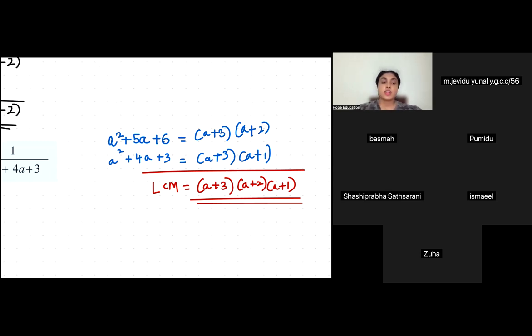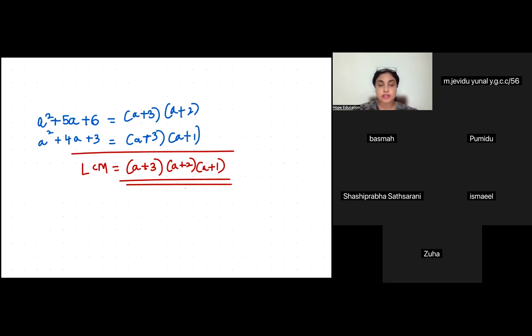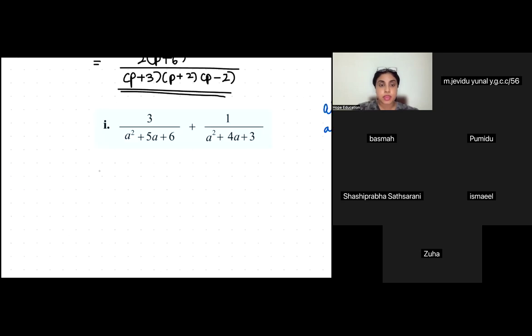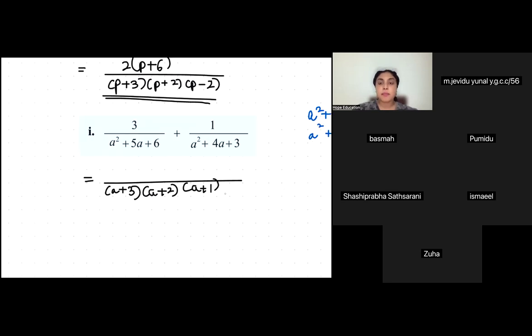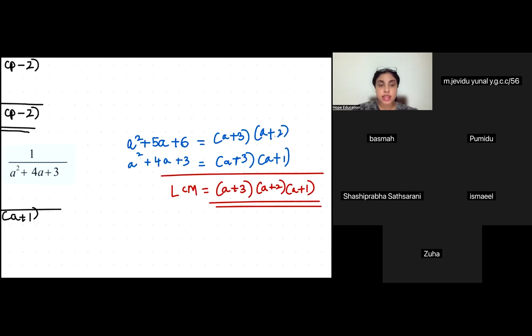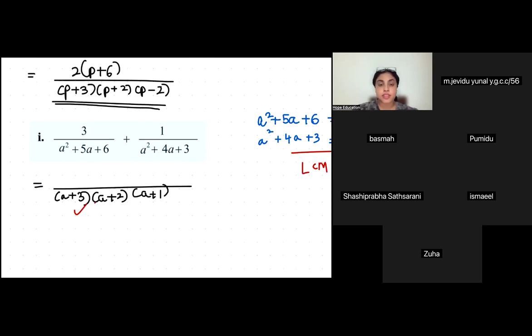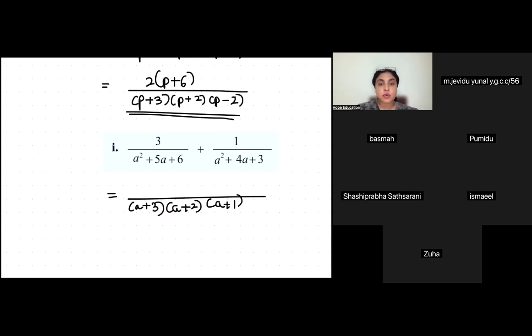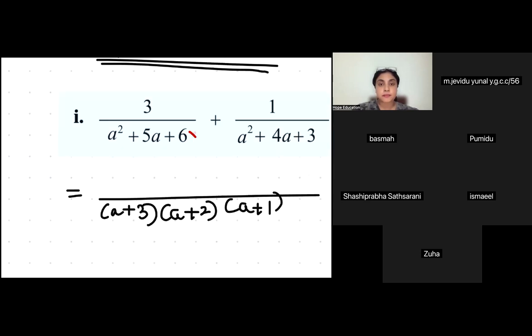So our LCM is going to be our common denominator: a plus 3, a plus 2, a plus 1. Now a squared plus 5a plus 6 means a plus 3, a plus 2, but a plus 1 is missing. So I will multiply this by a plus 1.